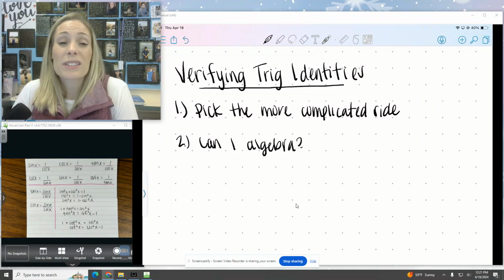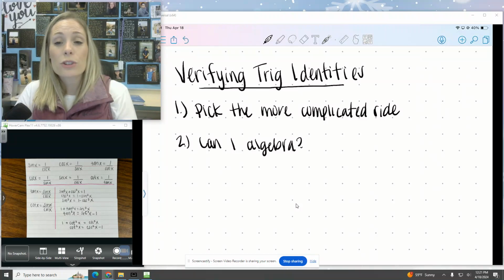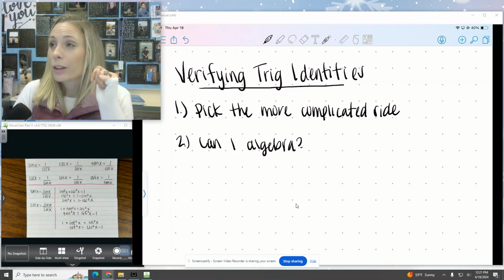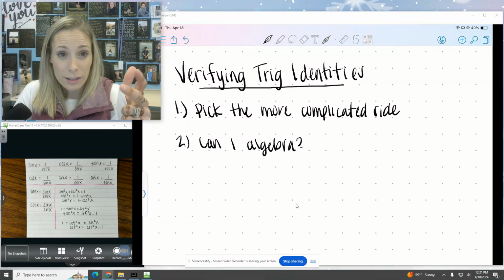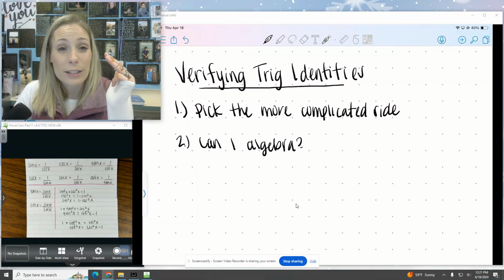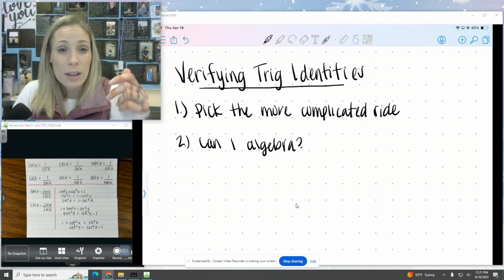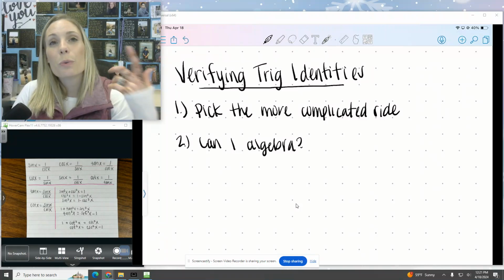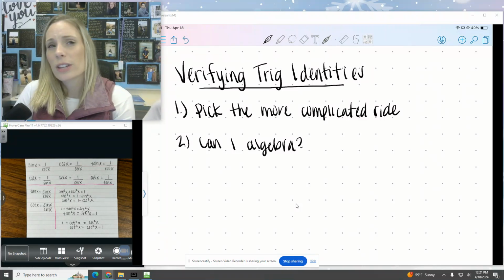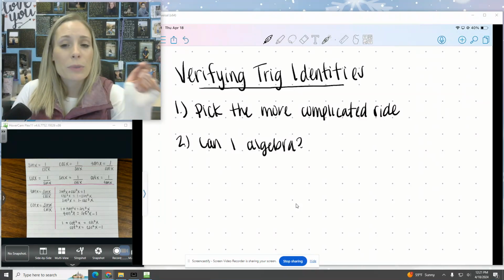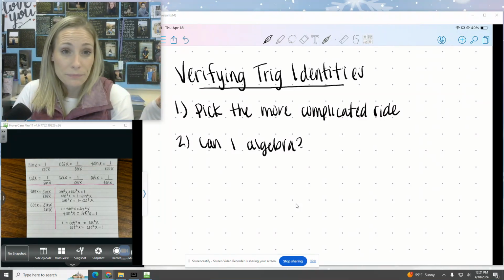Now, algebra encompasses a lot of things: factoring, simplifying, using a conjugate, adding or subtracting fractions, getting rid of square roots. All of that is algebra. And so you want to look at your equation and essentially ask yourself, can I simplify it? If you can, do that.